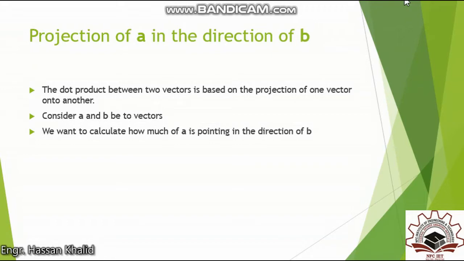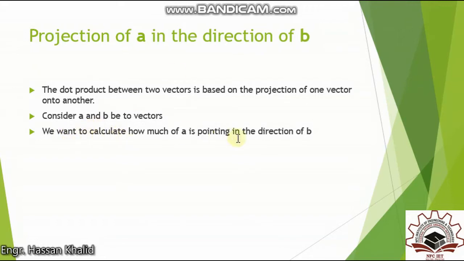Let's consider the two vectors A and B, and we want to calculate how much of the vector A is pointing in the direction of the vector B. Now if the two vectors are in the same direction, their result will be a positive number, and if these two vectors are perpendicular to each other, the resultant will be 0.